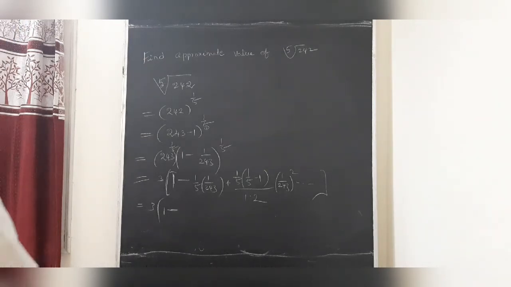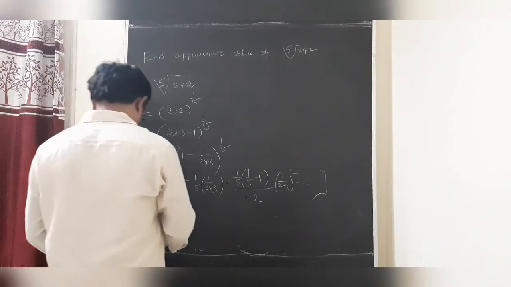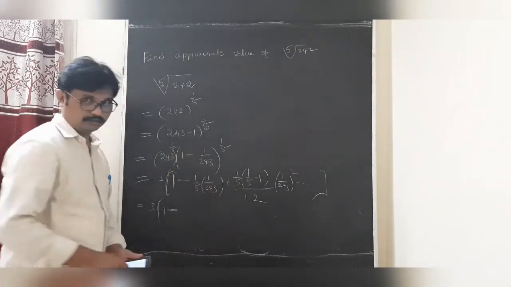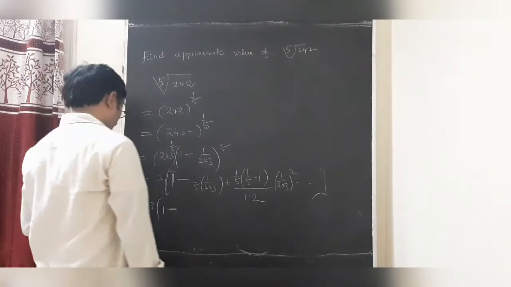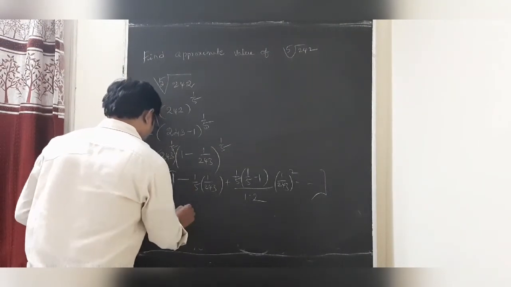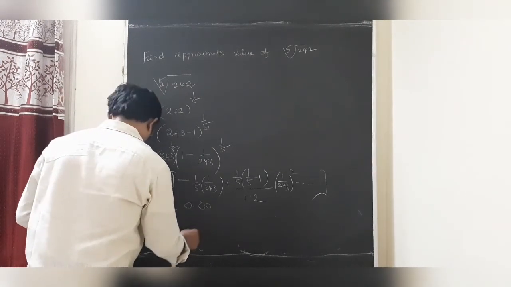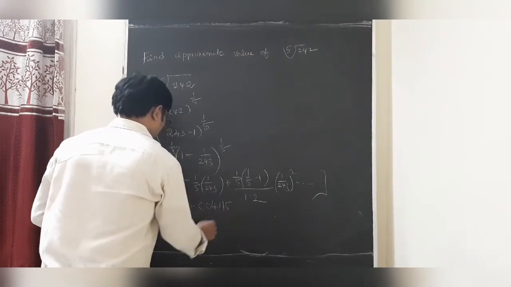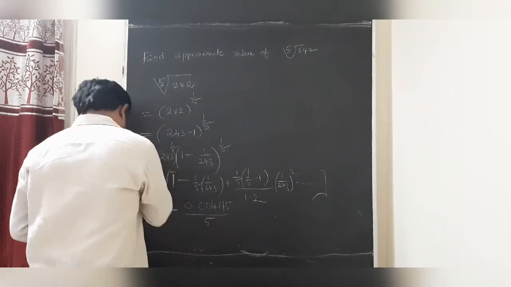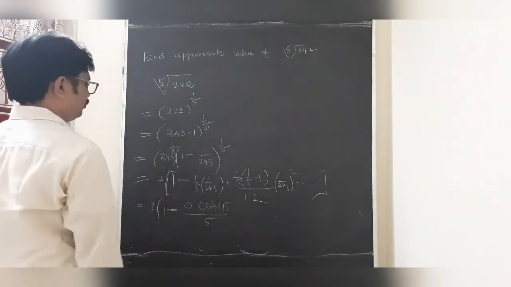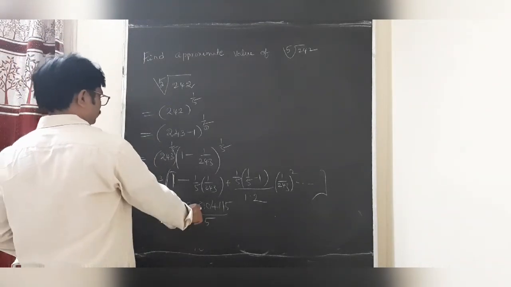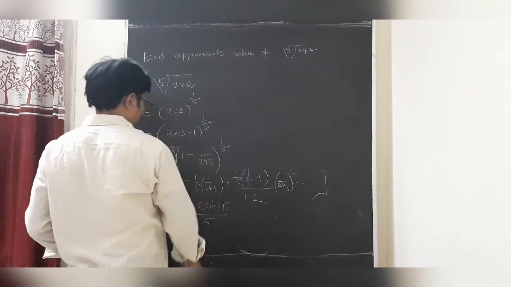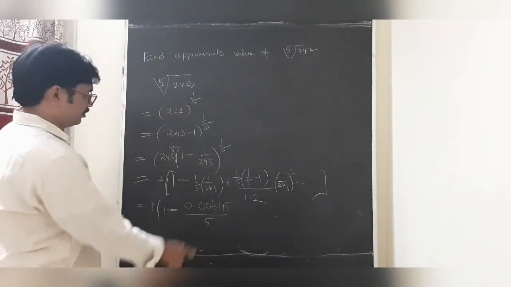Dear students, the direct value of 1 by 243 is 0.00415 upon 5. Right now, here we observe, 2 zeros are there. Undoubtedly, when squared, 4 zeros we get. So students, that can be neglected.